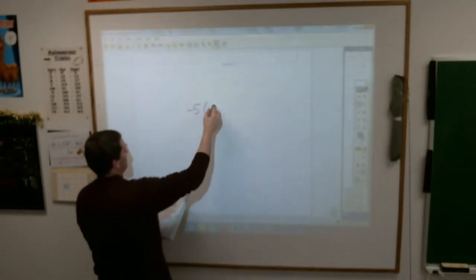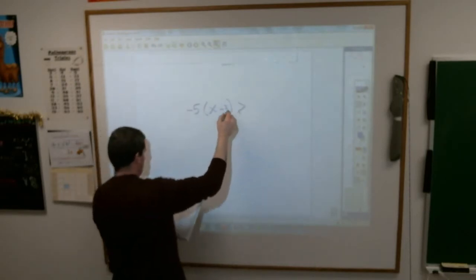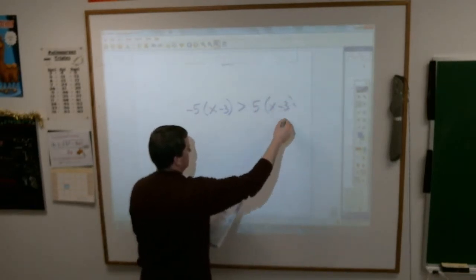Negative 5 times x minus 3 in parentheses is greater than 5 times x minus 3 in parentheses.